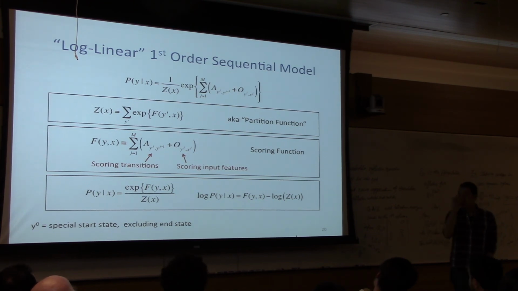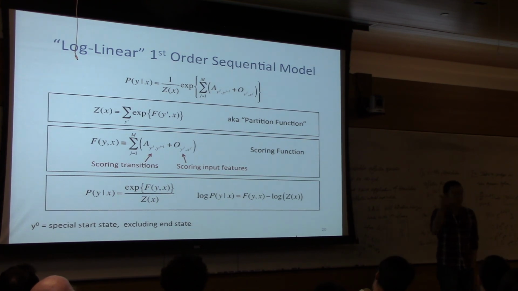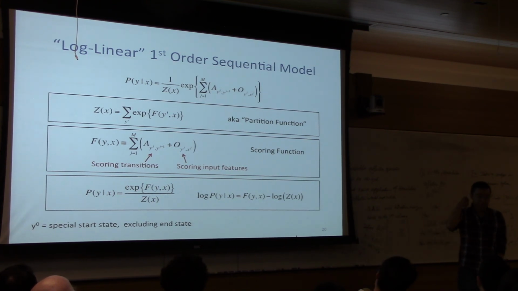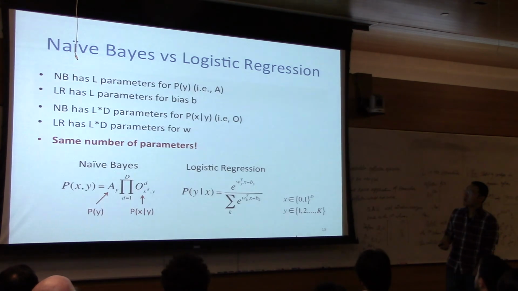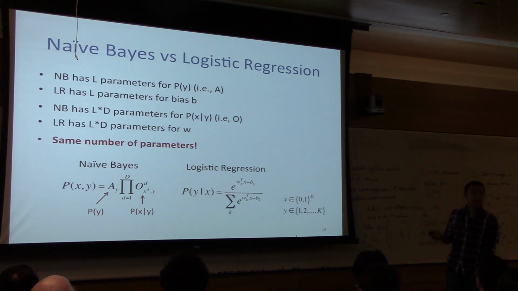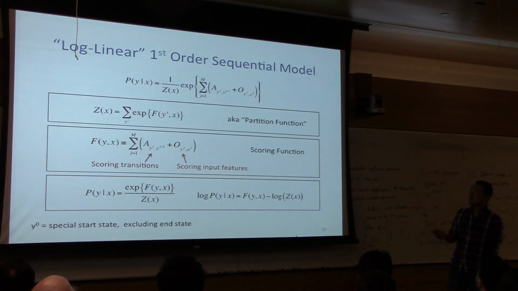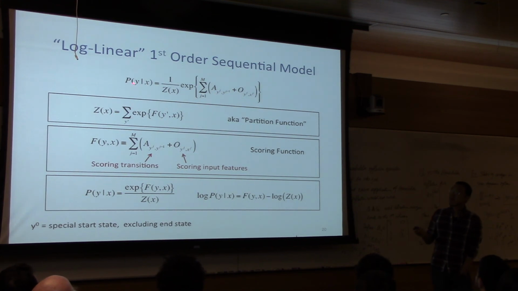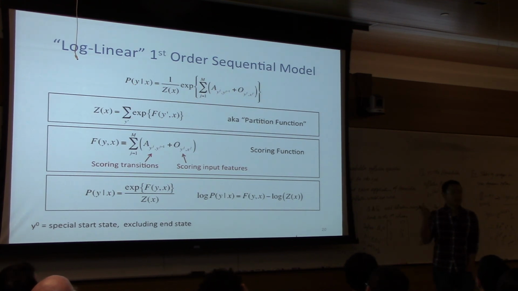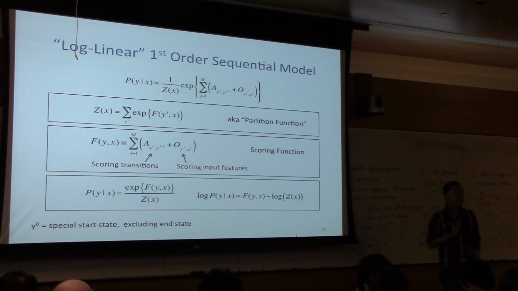Those of you who have done some extra work on logistic regression know that the coefficients of logistic regression, the W's, correspond to an increase in log odds as you increase the X input. You can think of this similarly as the increase in log odds of some sequence as you add a certain transition.